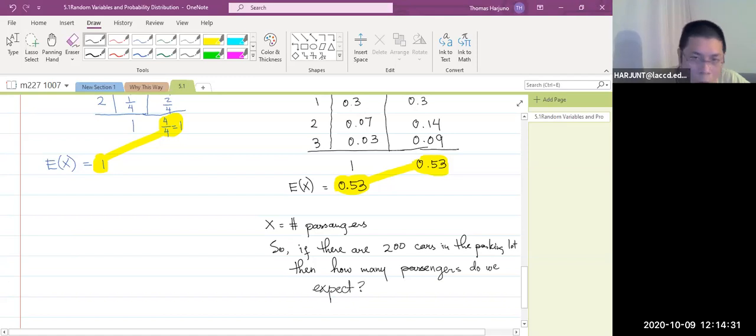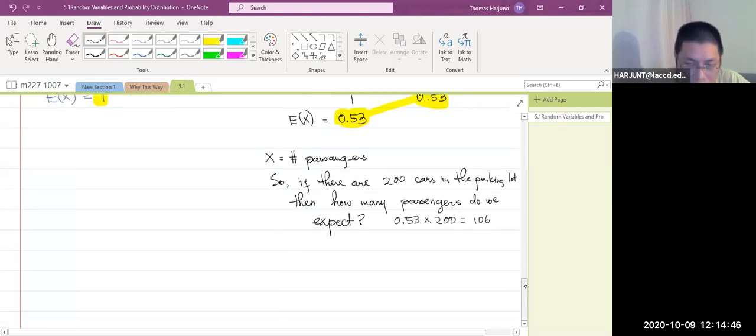It will be 0.53 per car times 200 cars. We expect 106 passengers. Okay, now each car should have one driver.